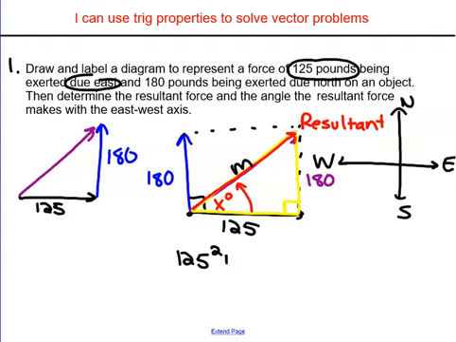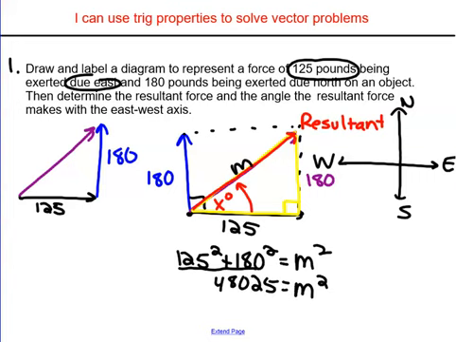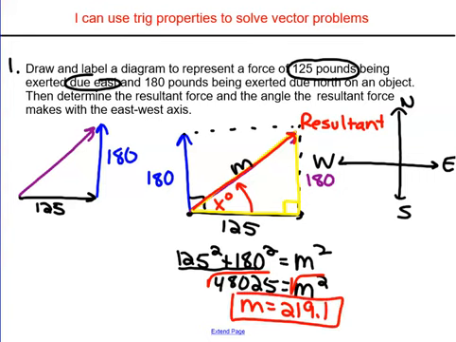So 125 squared plus 180 squared equals M squared. Square these, add them together. I get 48,025. Take the square root, and M is equal to 219.1. So this is the magnitude.